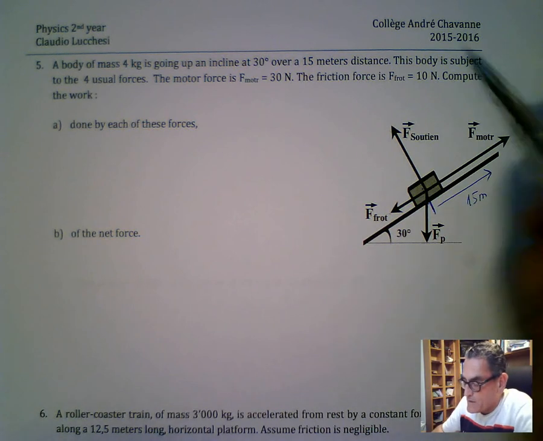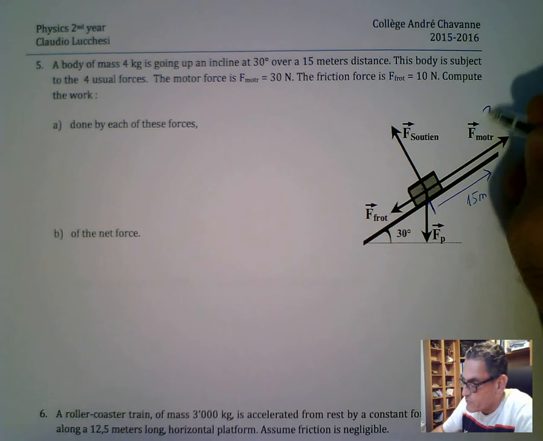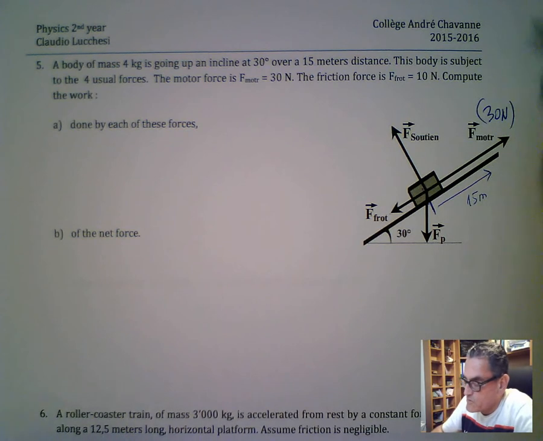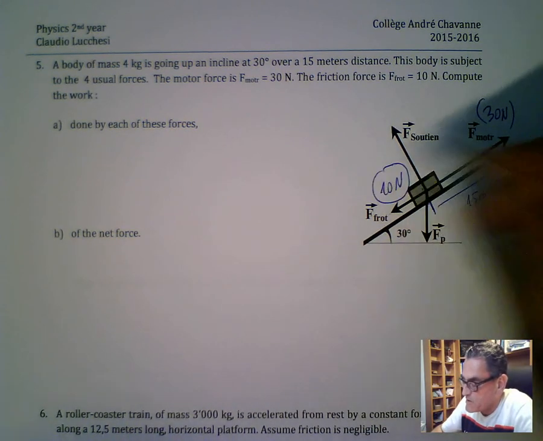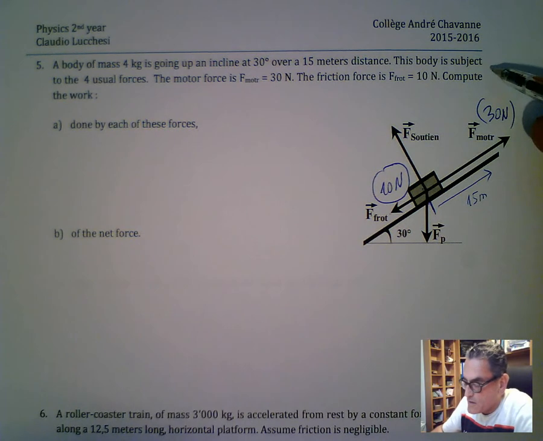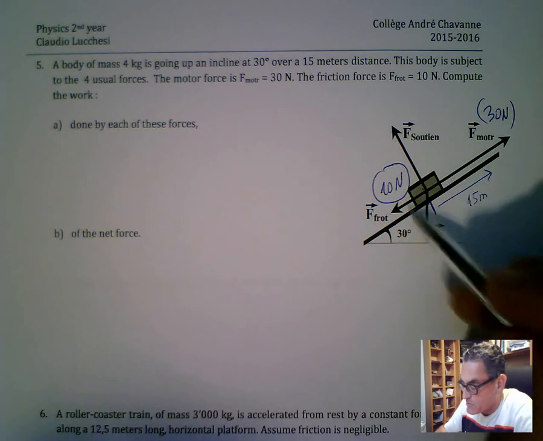Okay. Now we give you some values. The motor force is 30 newtons. The friction force is 10 newtons. And the gravitational force, of course, the arrows here are completely wrong.